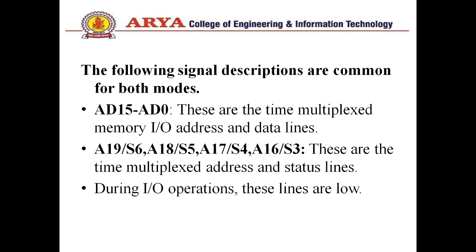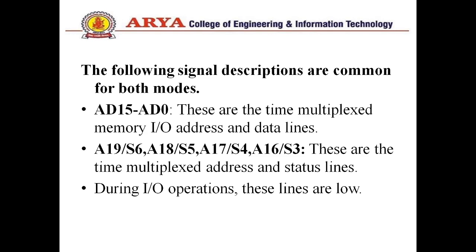These are the time multiplexed memory and input output address and data lines. Here, the address remains on the lines during the T1 state, while the data is available on the data bus during T2 to T4 clock cycles.